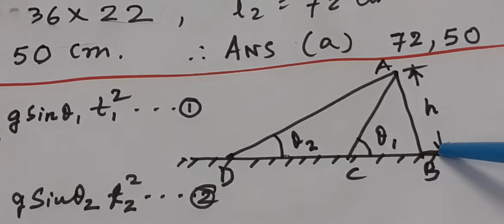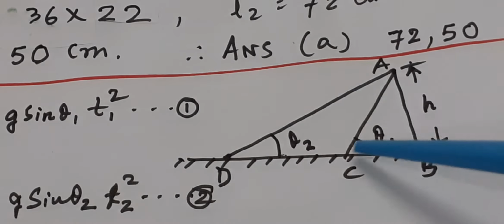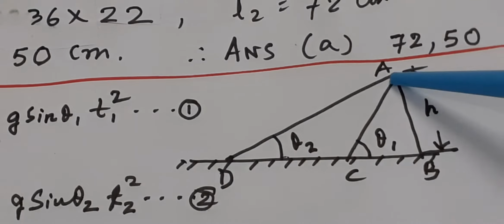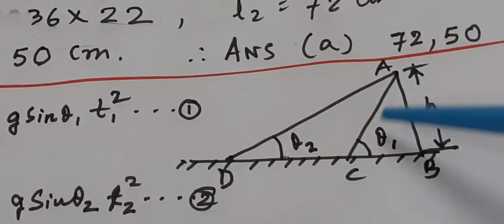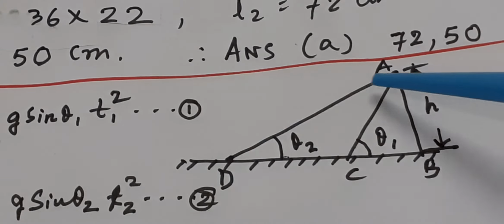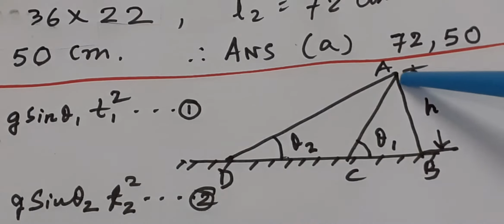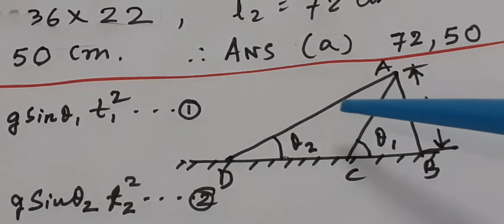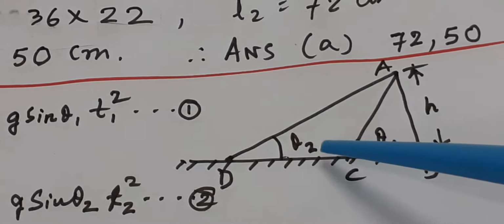Trigonometrically we can find h by sin theta 1 for this triangle, which gives the distance traveled along this path. Similarly for the other one it will be h by sin theta 2, and along this direction the acceleration is g sin theta, as you know.